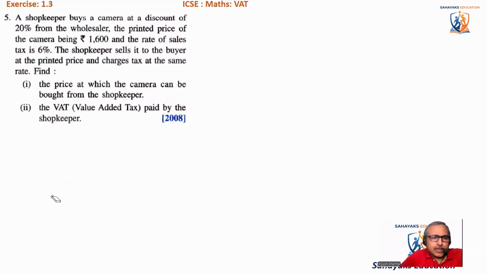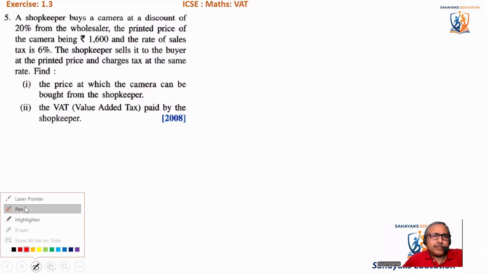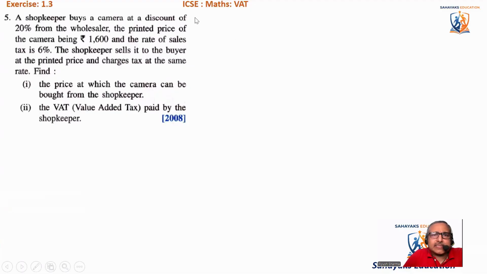Okay, this question states that the shopkeeper buys a camera at a discount of 20% from the wholesaler. Okay, so the initial price of the camera was 1600, but he got it at a discount of 20%. So let's find out the price at which the shopkeeper got it.